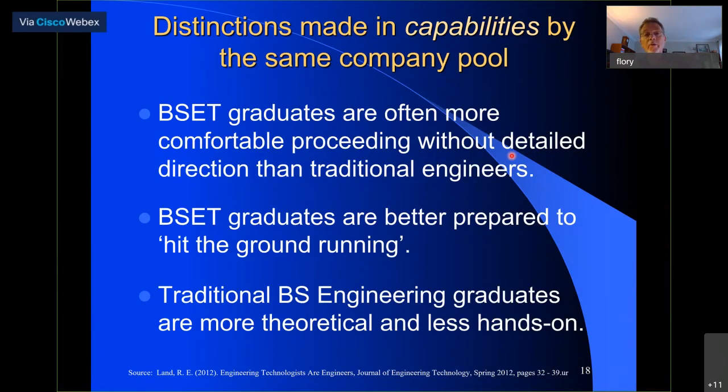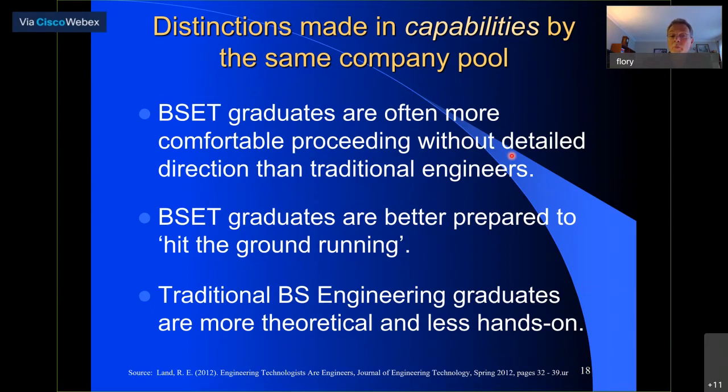Now, also as part of this survey, there was some more subjective feedback that was tallied. And here are just a few bullets I'd like to extract and show you from this. With regard to the capabilities, it was stated on many occasions in the survey that BSET graduates are often more comfortable proceeding without detailed direction than traditional engineers.